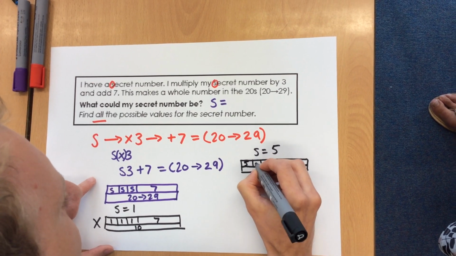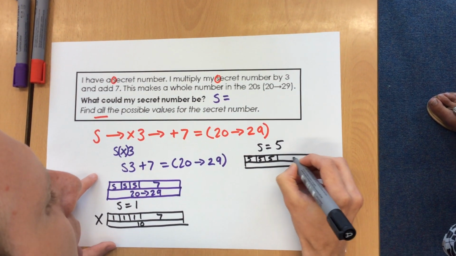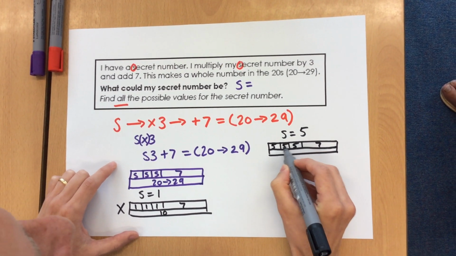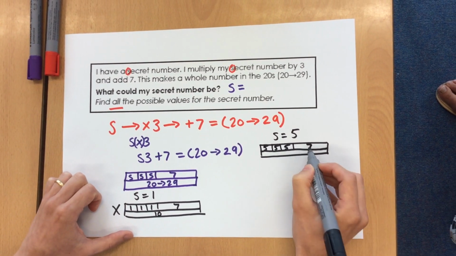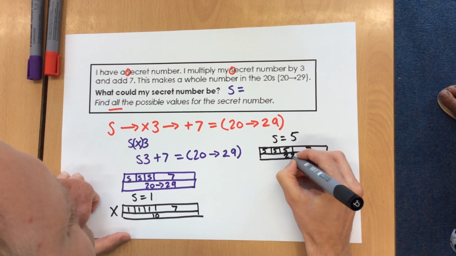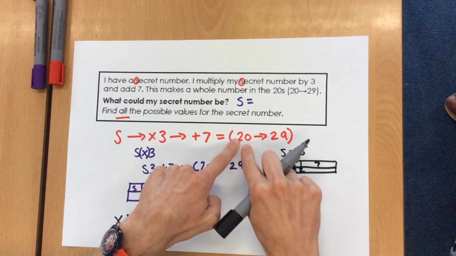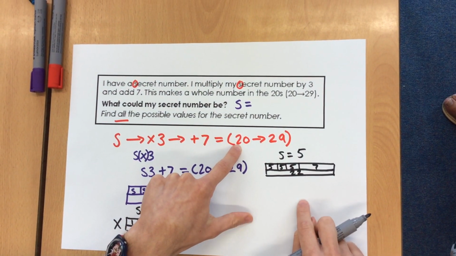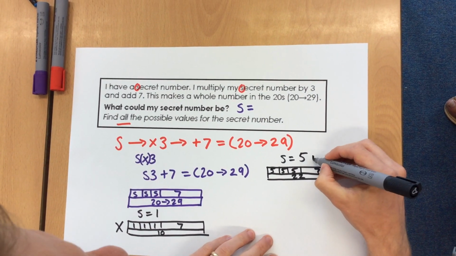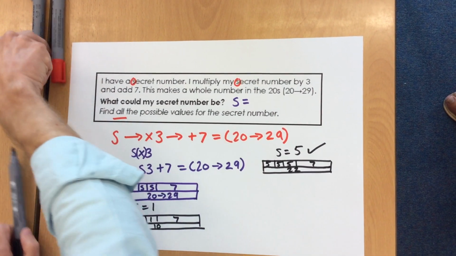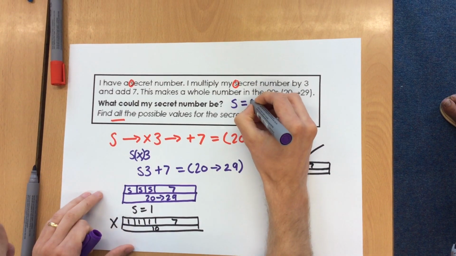So it's going to be 5, 5, 5, and 7. 5 plus 5 plus 5, 5, 10, 15, plus 7 is 22. Hey! Is 22 in between and including 20 and 29? Yes, it is. So 5 is one of our possible secret numbers.